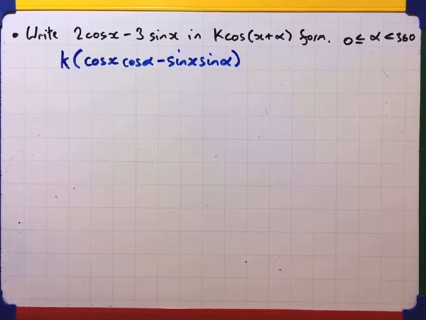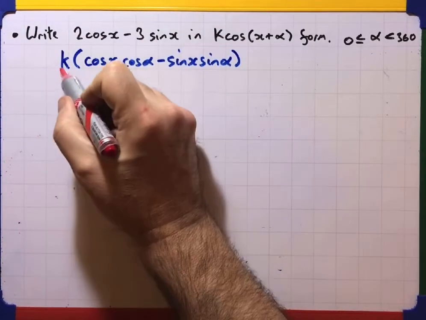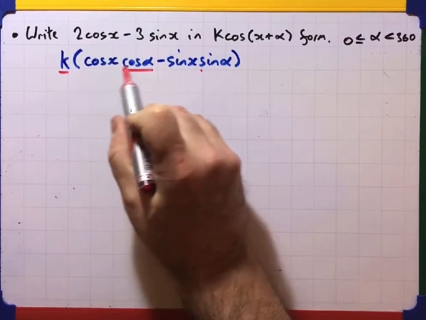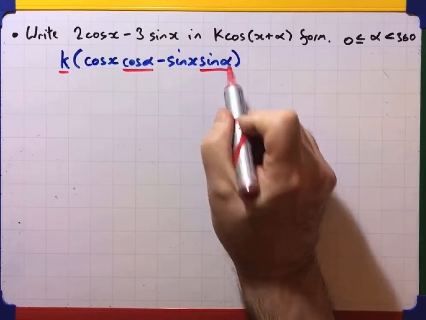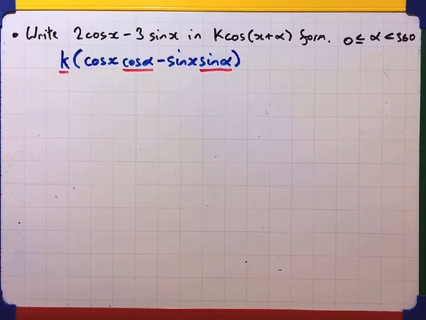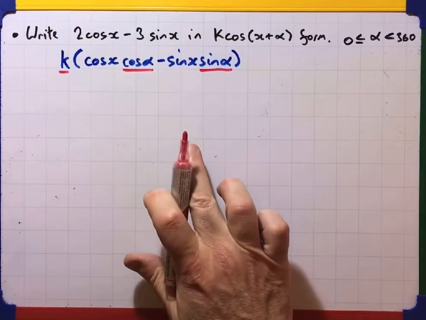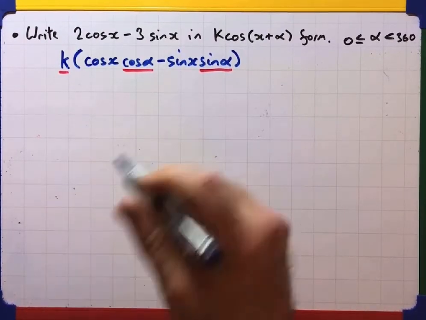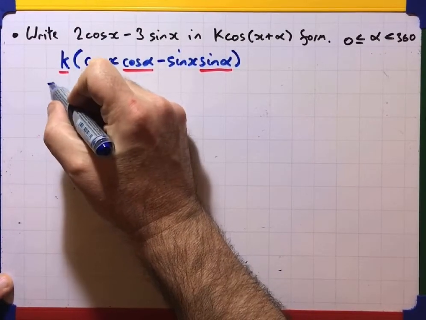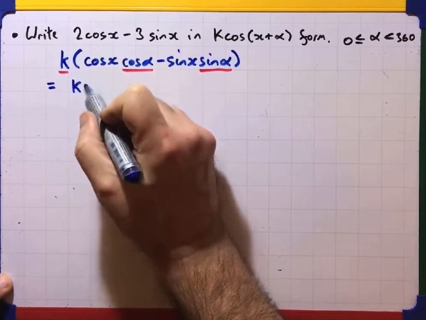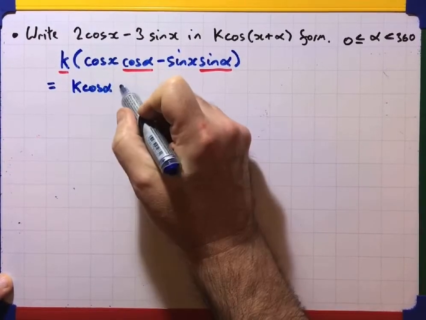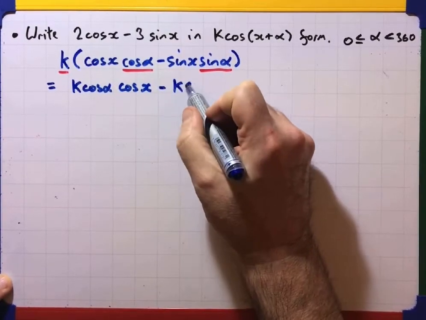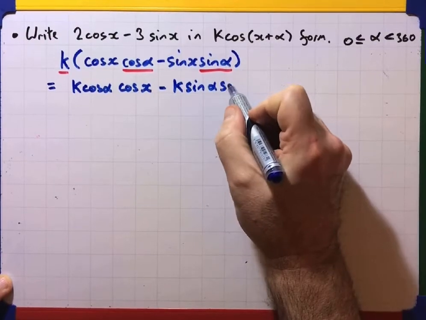Now, with this, remember k, cos alpha and sin alpha are our constants. So I'm going to write it with the constant bit first when I multiply it out. That will give me k cos alpha cos x minus k sin alpha sin x.